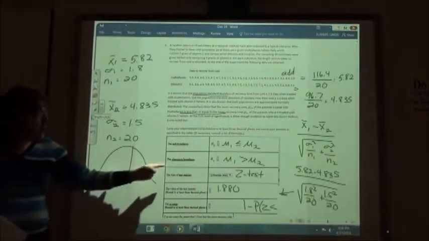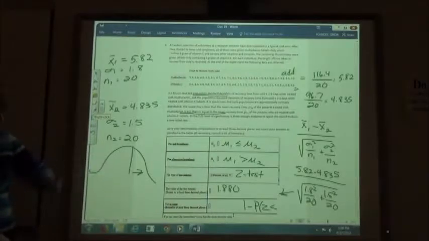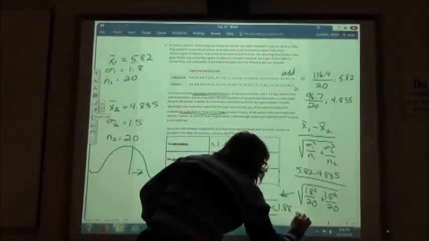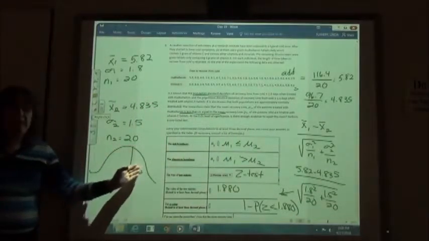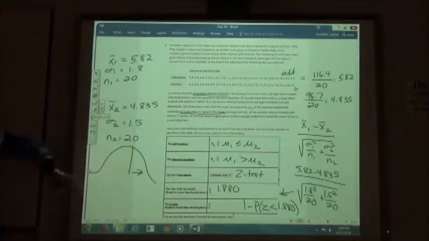Because we want to check the greater than, that's our alternative hypothesis. We're going to do 1 minus p of z is less than our 1.880. Okay? So if this is a right-tailed test, I got to do the 1 minus. If it was the left-tailed test, then I wouldn't need the 1 minus because I'd be checking the other direction.